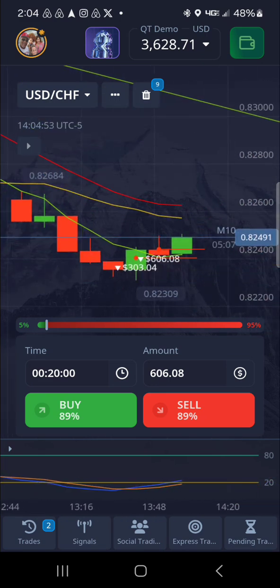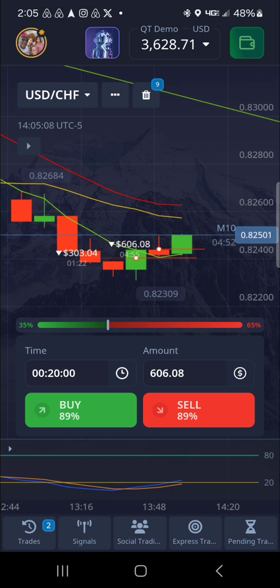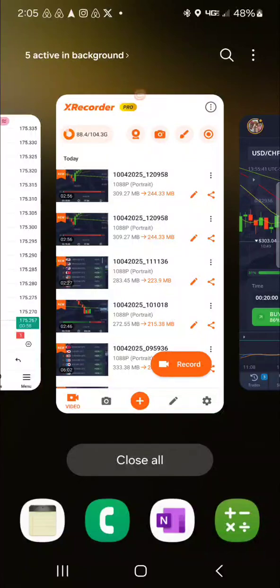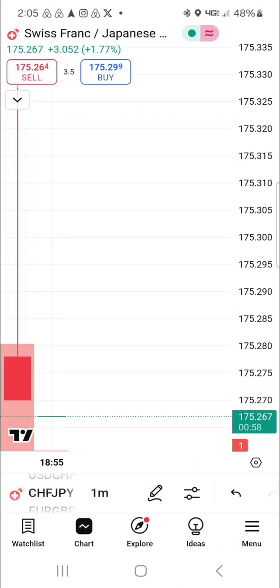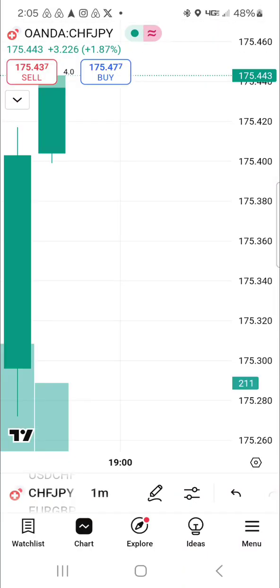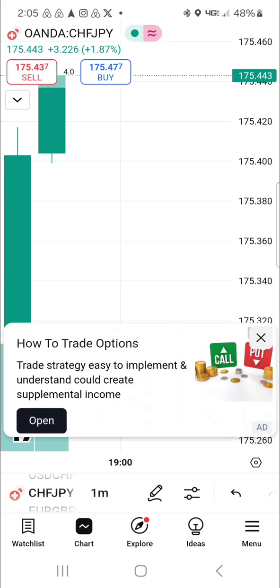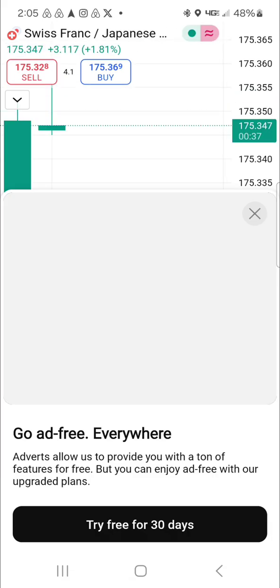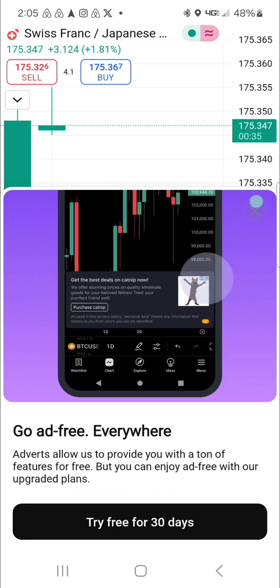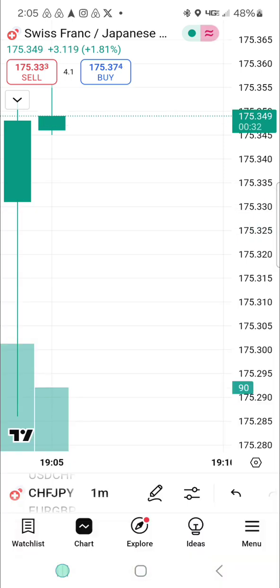I do have TradingView open as well, just to keep this platform honest. So it's at 825 right now, 82504 around there. Let's see what TradingView has it as. What's going on here?